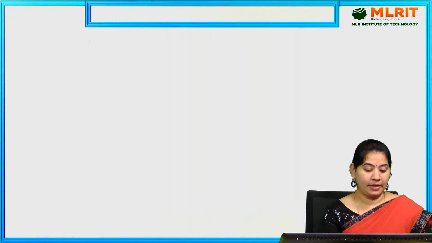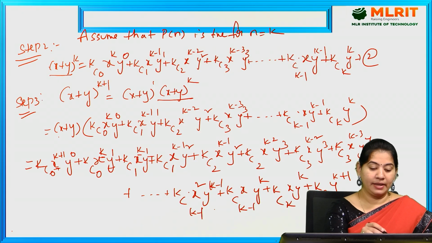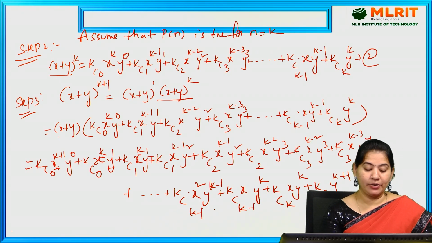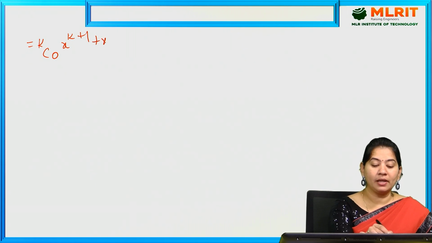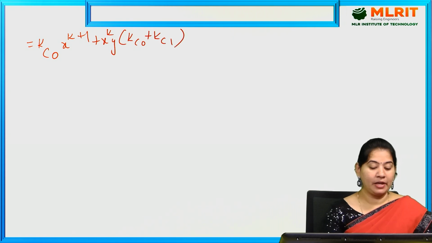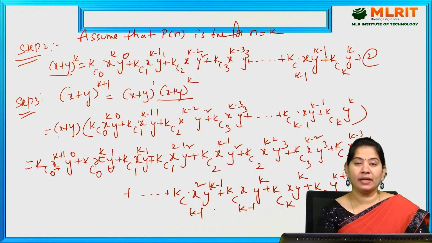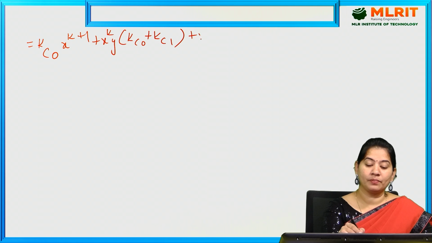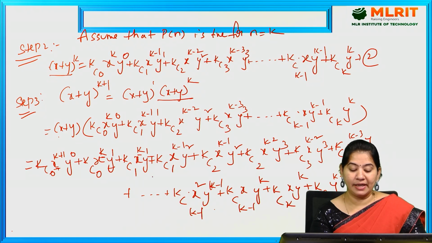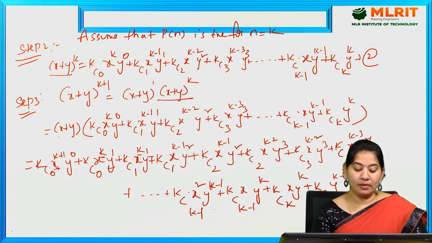Next, I am taking x power k into y, and kC0 plus kC1 as common, so kC0 plus kC1 with x power k into y. Next, x power k minus 1 into y square: if you take common, what you will get here is kC1 plus kC2.